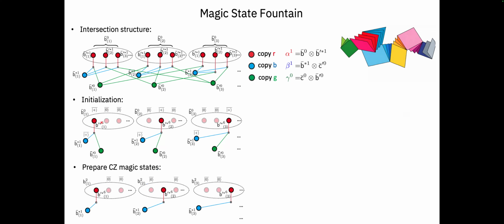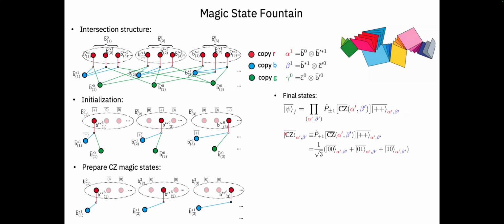And that will produce a product of decoupled CZ magic states. And here is the definition of the CZ magic state. It's just the +1 eigenstate of the measurement of a logical CZ acting on these two logical qubits. It has a form of 00 plus 01 plus 10, and essentially your measurement procedure projects out the 11 component.